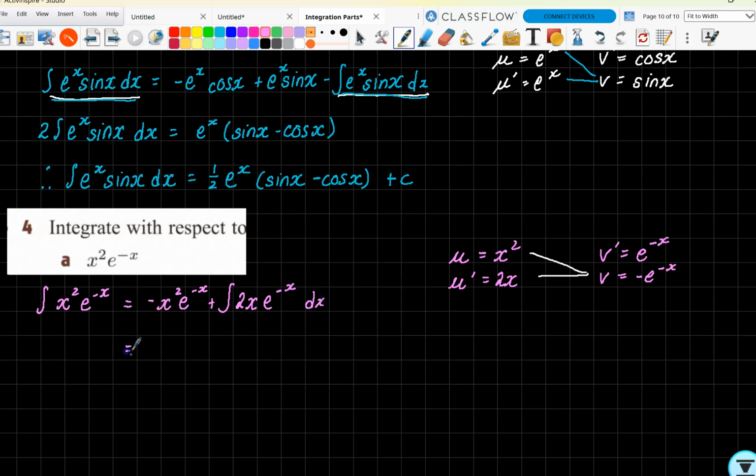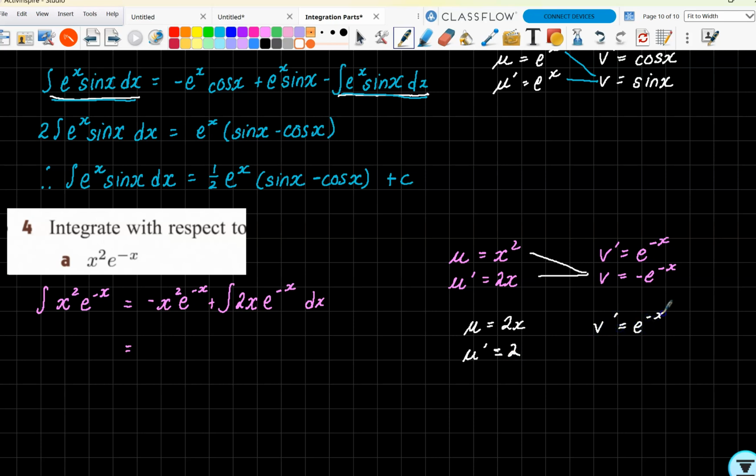So this means I am going to have to use my by parts again. So this time we'll go, let u equal 2x, u dashed equals 2, and I hope you realize now that's nice, because I haven't got a function here anymore. So I should be able to integrate that.